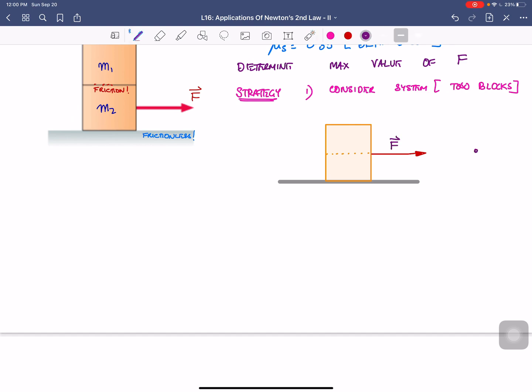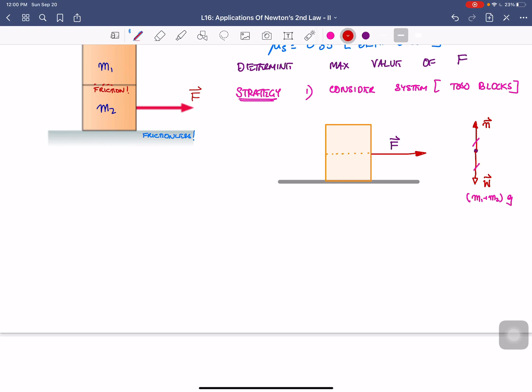And if you draw a free body diagram, what are you going to get? You've got the total weight acting in the downward direction. And this is, of course, just to remind you, since we're talking about the system, M1 plus M2 times g. And then you have the normal force, which exactly balances the total weight.